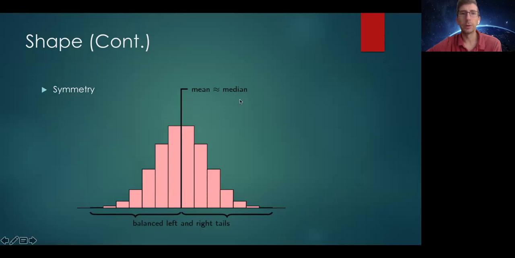We'll talk about what these things are a little later and how to calculate them, but just know that when you have a symmetric distribution, a symmetric data set, then your mean and your median are approximately equal, and that they'll be approximately at the center of your histogram or your data as well.